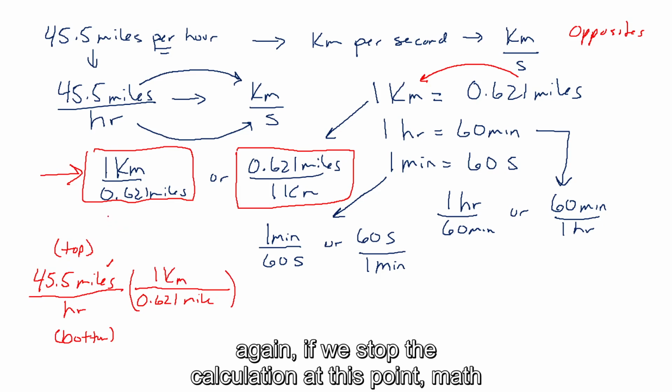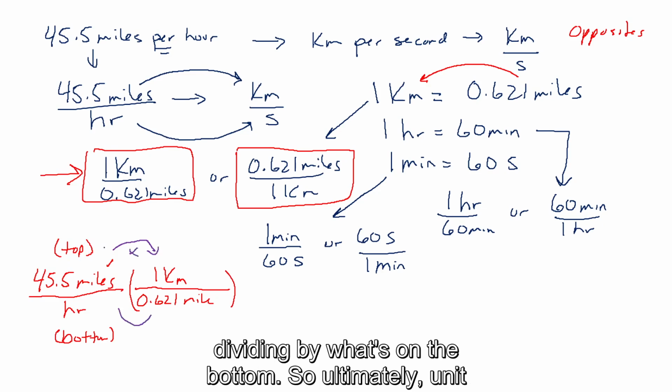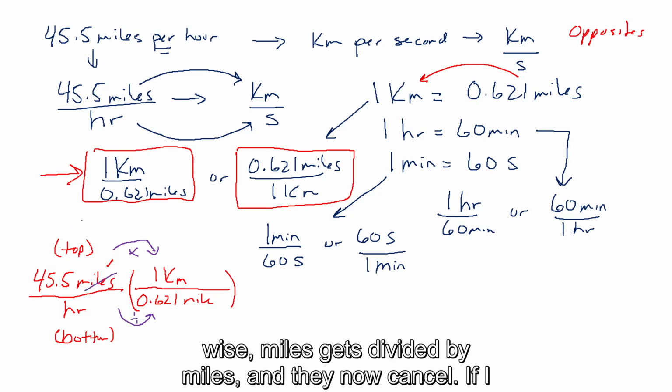Once again, if we stop the calculation at this point, math-wise, a reminder that we are multiplying what's on top and dividing by what's on the bottom. So ultimately, unit-wise, miles gets divided by miles, and they now cancel.